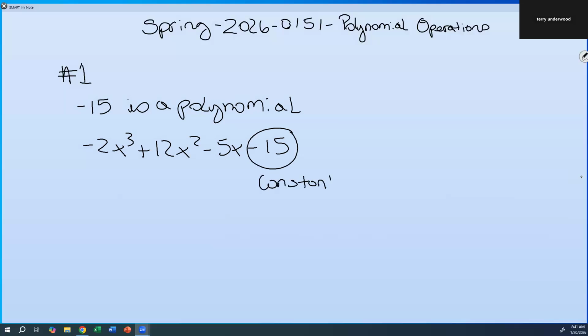And we already said that another way to write the constant would be negative 15 x to the power of 0. And any number that you raise to the power of 0 becomes 1. So it would be negative 15. And that is the way that we write any polynomial, no?